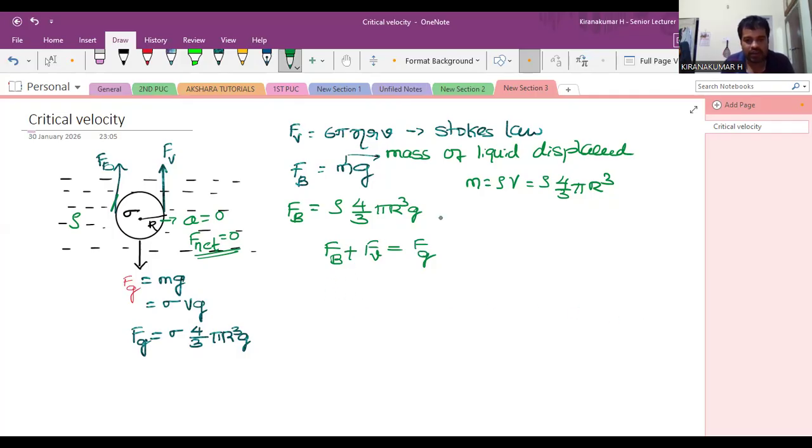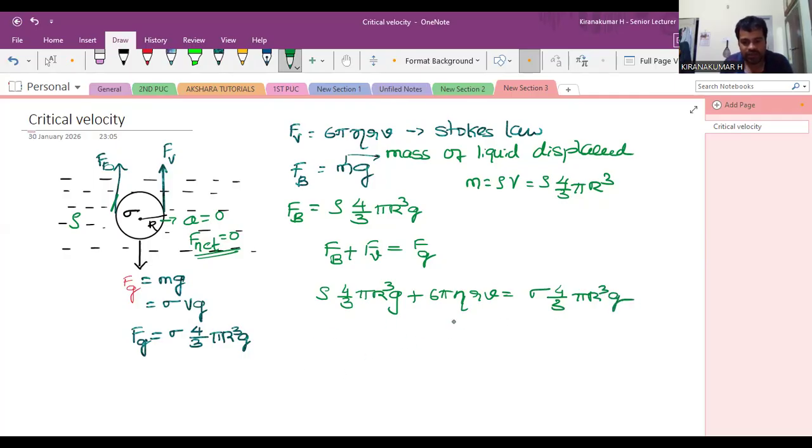Now let us insert these values. The force of buoyancy, we found already: rho into 4 by 3 pi r cube into g, plus the force of viscosity 6 pi eta r v, equals sigma into 4 by 3 pi r cube into g.